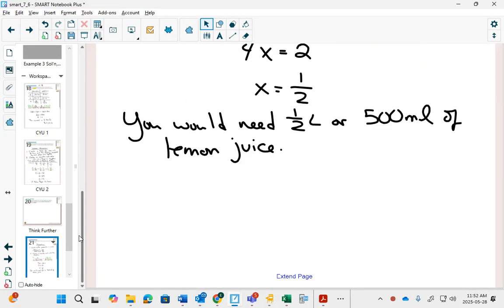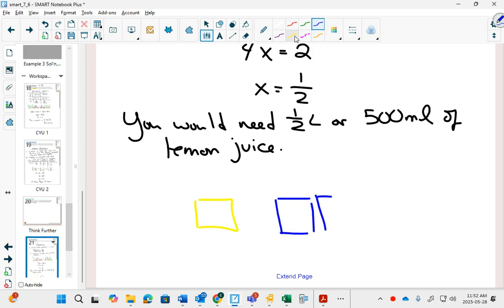Visually, we want 1/5. Okay? If I put lemon juice in yellow and water in blue, can you see that the lemon right now is 1/5 of the whole thing?